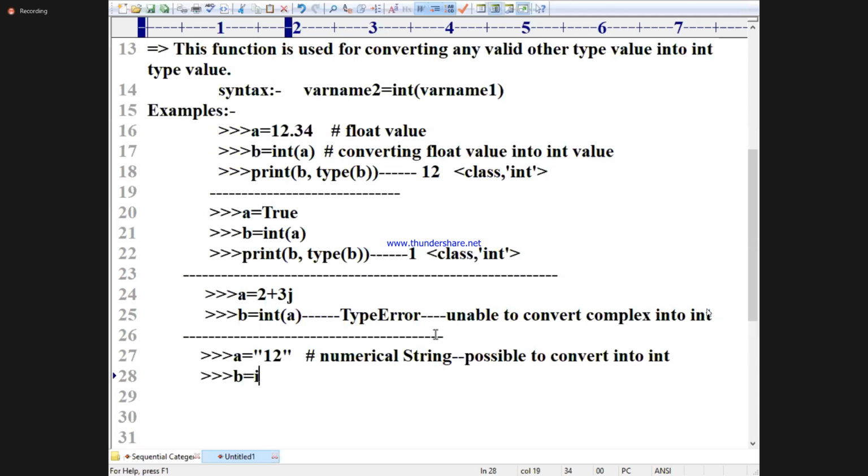B is equal to int of A, valid. Print of B comma type of B. The output is 12, class int.